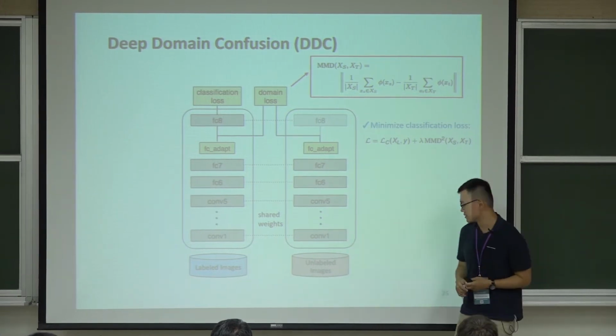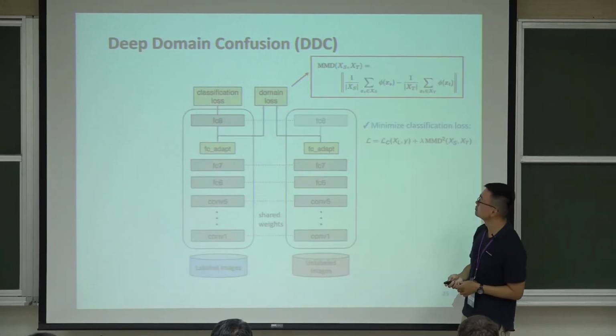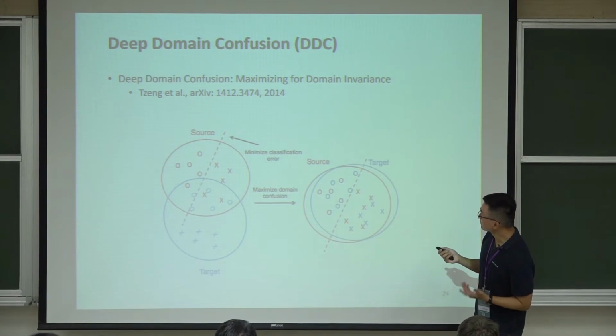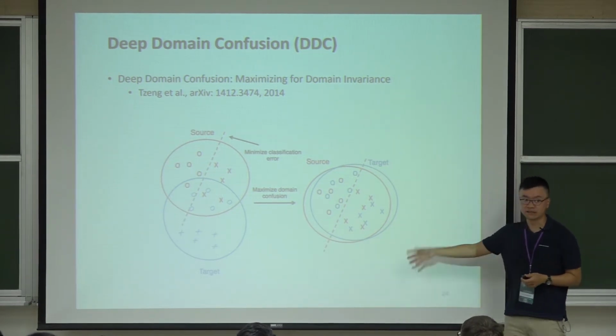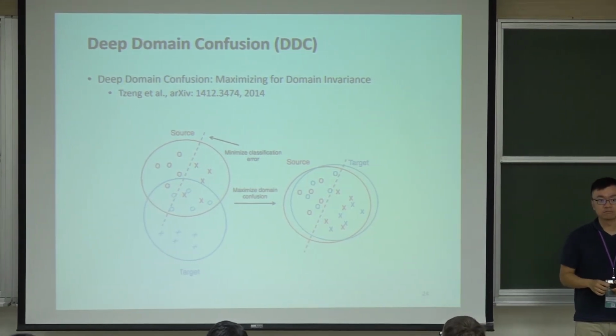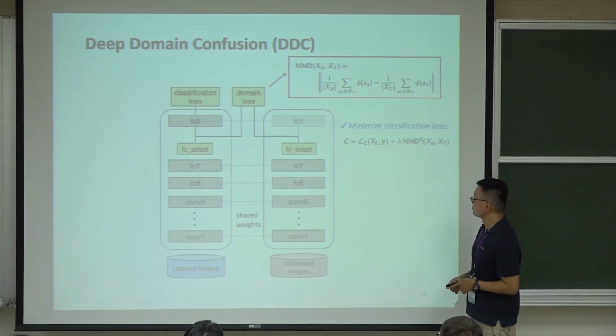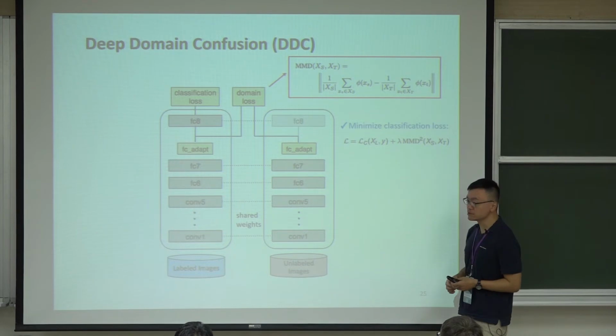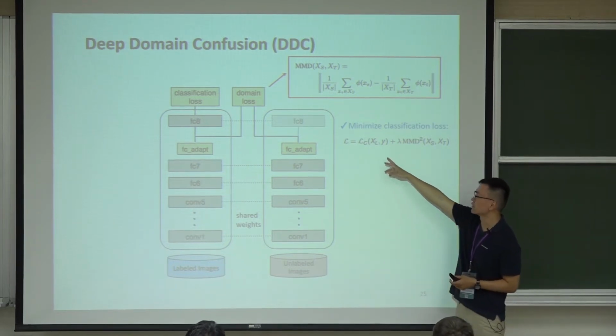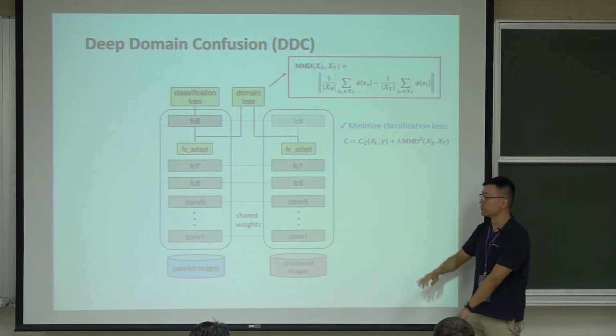So that is a very basic idea. I forgot whether this is published or not, but this idea came around 2014. Okay. So as you can see, the most important thing is the classification loss, at least for their task and their data.